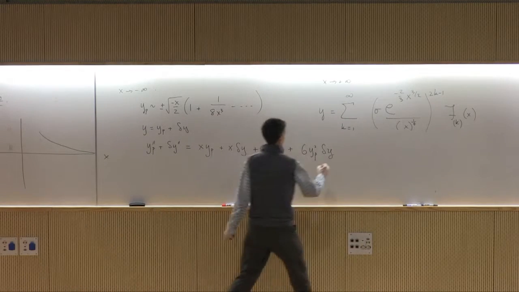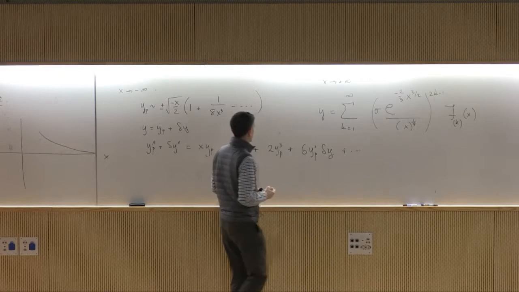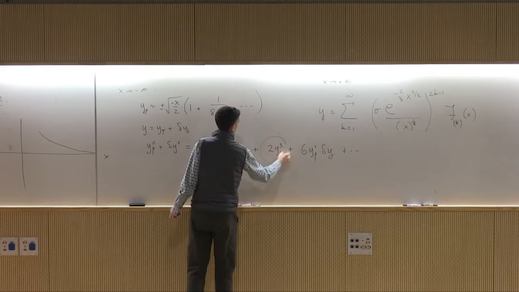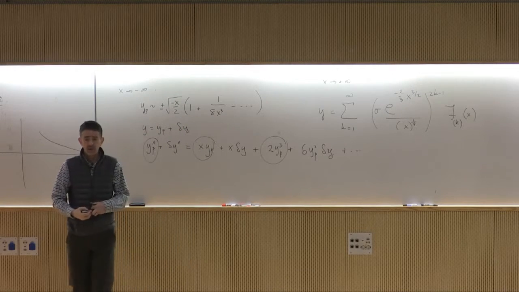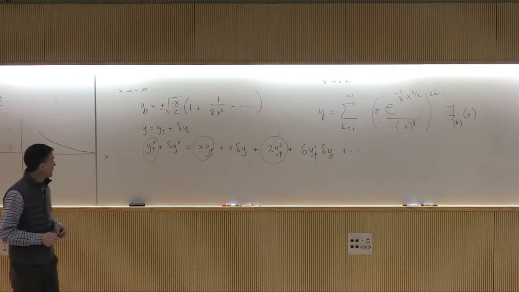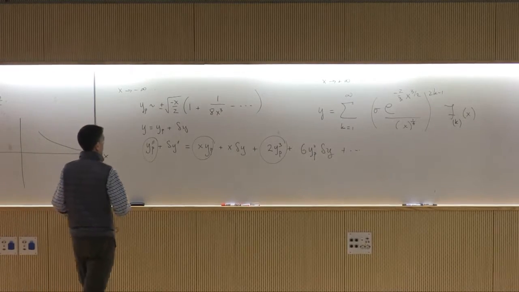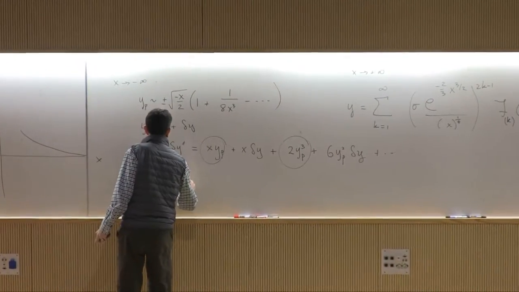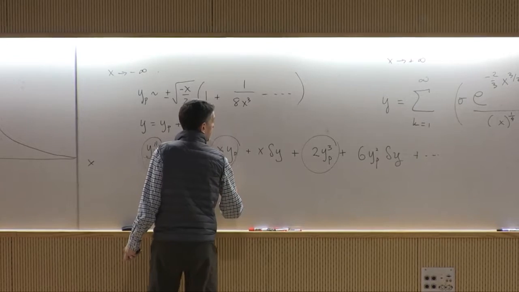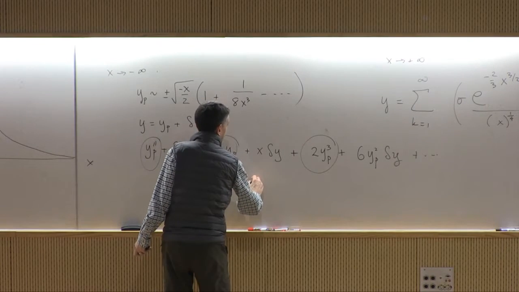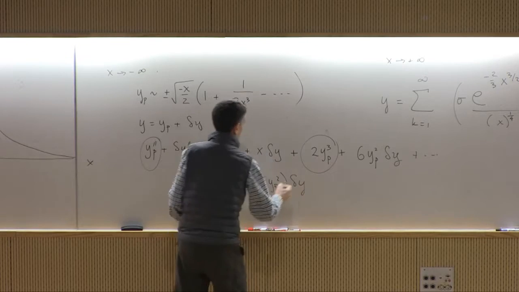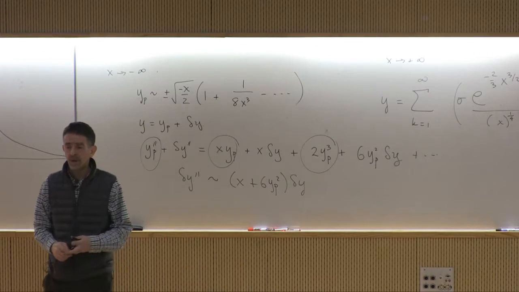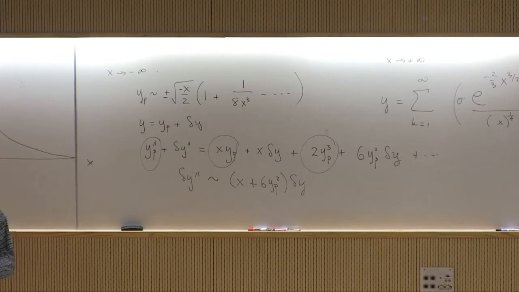Plus higher order terms in delta y. Okay, so yp is the solution to this equation, so we can drop those terms. So what we're left with is that delta y prime prime goes like x plus 6 yp squared delta y. I'm doing this slowly just to show you how easy it is.